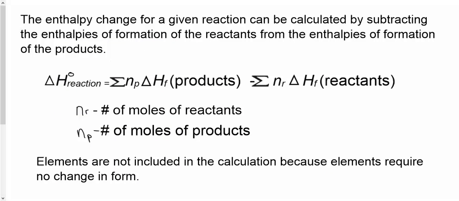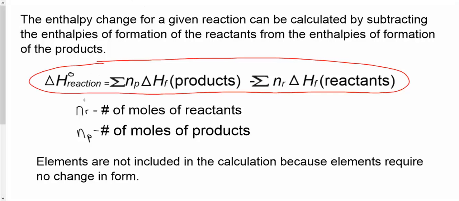Here's the formula, and it looks pretty complicated, but it's really not as complicated as it looks. All this says is that the enthalpy change for a given reaction, delta H for a given reaction, can be calculated by subtracting the enthalpies of formation of the reactants from the enthalpies of formation of the products.